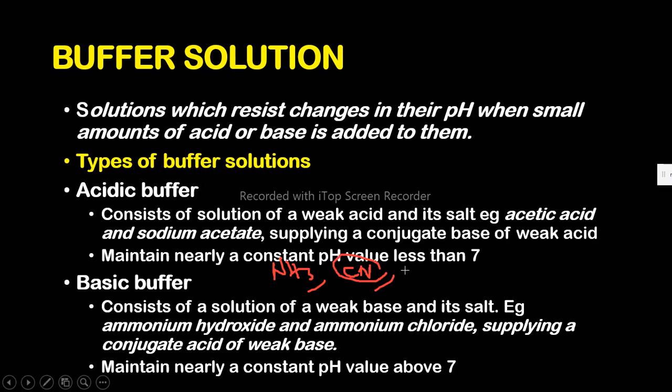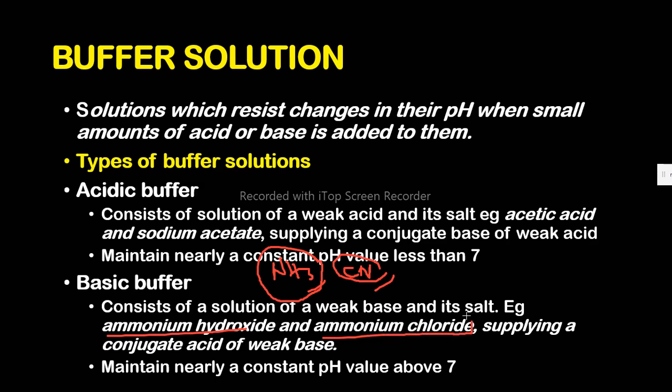Anyway, a base is any compound that is electron rich. So now in this case, our weak base such as ammonia and its conjugate acid, or its salt that is formed by reacting it with a strong acid, such as ammonia solution and ammonium chloride.